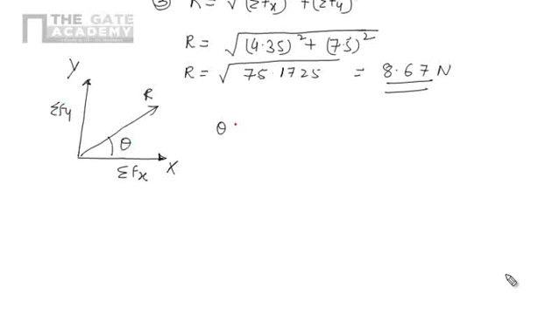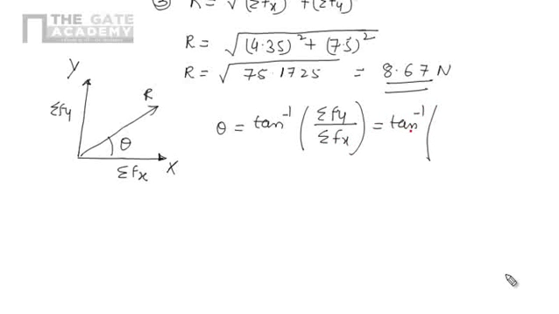Theta is tan inverse of sigma Fy by sigma Fx. So tan inverse of 7.5 divided by 4.35 comes to around 59.9 degrees. In this way we can easily calculate the direction also.